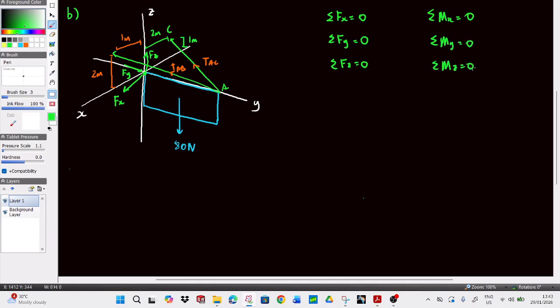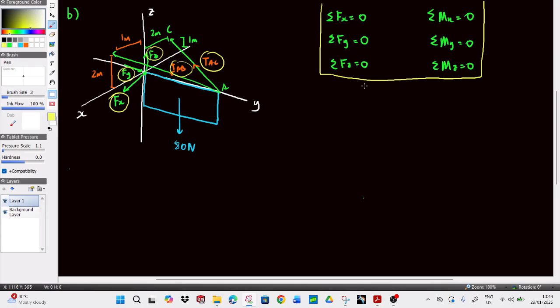So we have 6 equations to help us find 6 unknowns. The number of unknowns we have here is 1, 2, 3, 4, 5. 5 unknowns, right? We have the tensions and the support reactions, so it's 5 unknowns, and we have 6 equilibrium equations. So this we can start to solve.